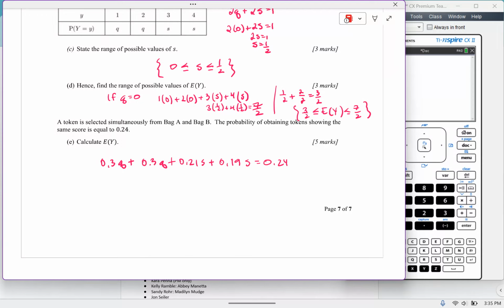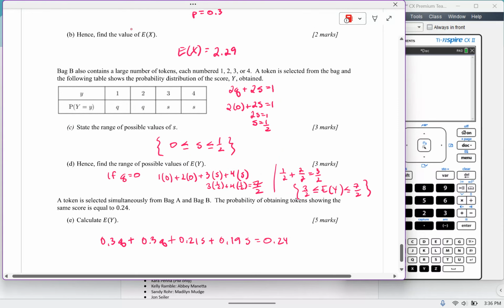So the combined probabilities are going to be equal to 0.24 for the same score from both bags. Now, I only have one equation, but I have 2 unknowns. What do you think I should do with the Q? I should rewrite it in terms of S, right? And how can I do that? I'm going to go to the equation that relates the 2. So I'm going to solve for Q in terms of S.